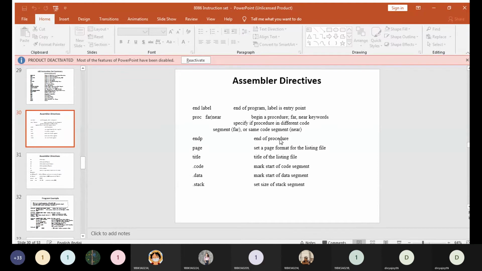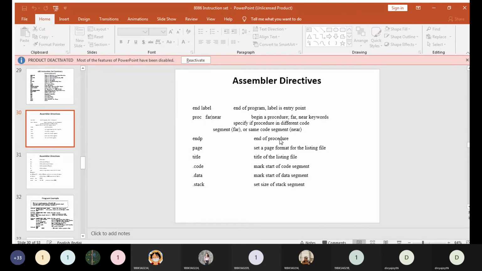In a similar way, we have many assembler directives which direct the assembler while it is converting an assembly language into binary language. PTR means pointer. While explaining the lab session, in one particular program I have written a word called ASSUME, whereas ASSUME CS is equal to code.